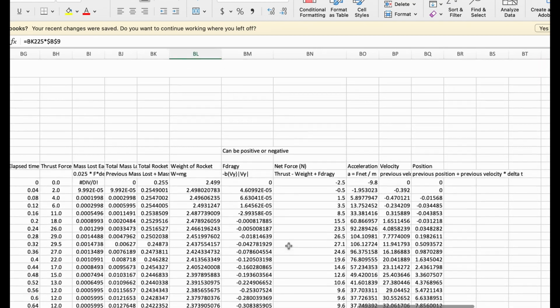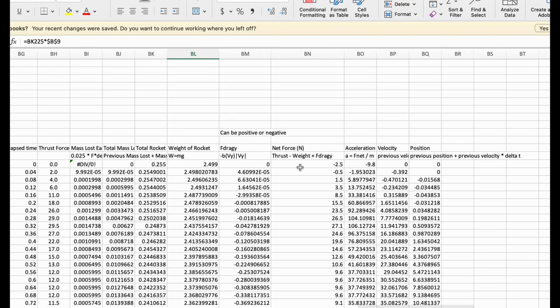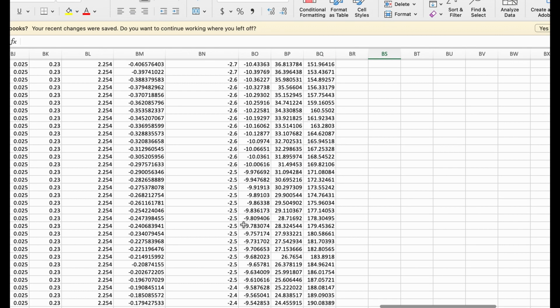I didn't figure in the drag force into the net force yet. Okay. So now let's figure in the drag. We have to do not only BH14 minus BL14, we have to also add BM14. Now that includes the drag force into the net force.